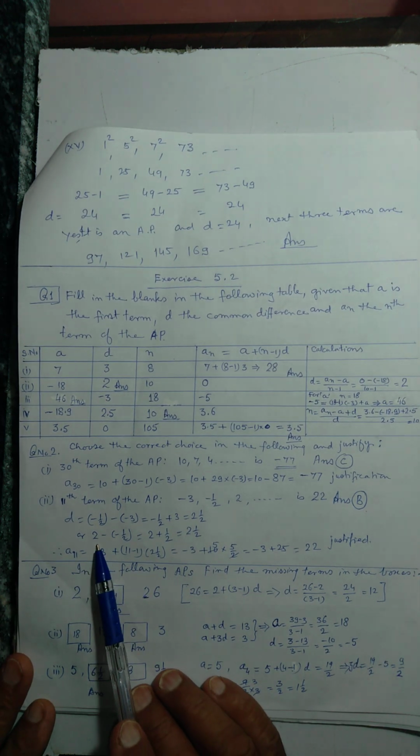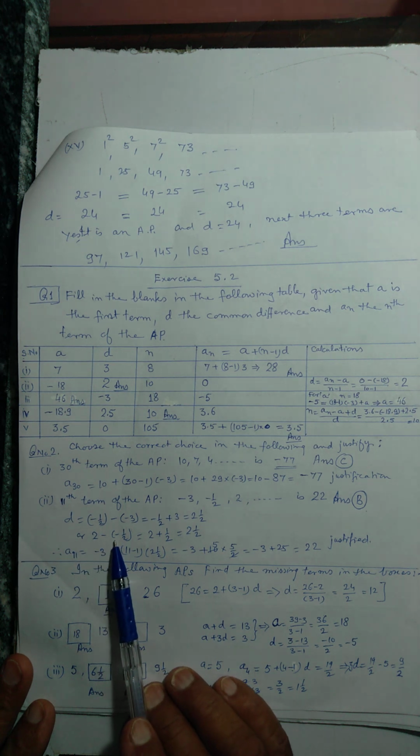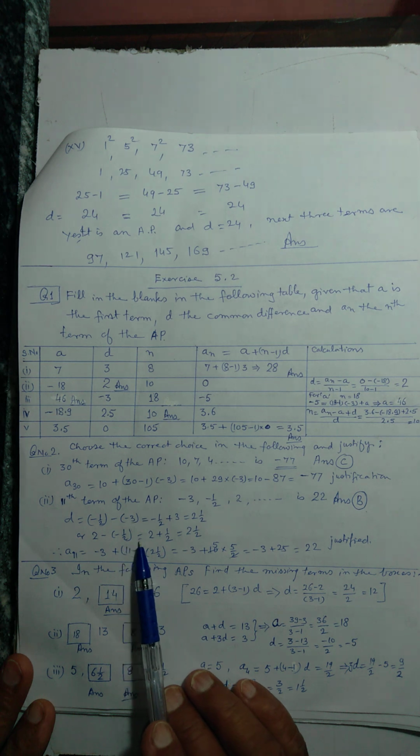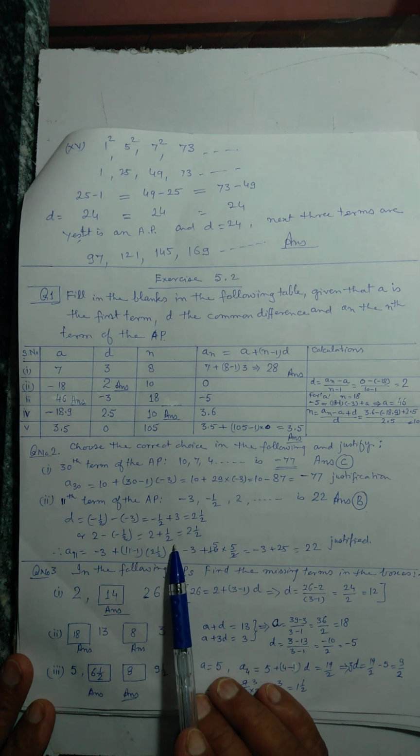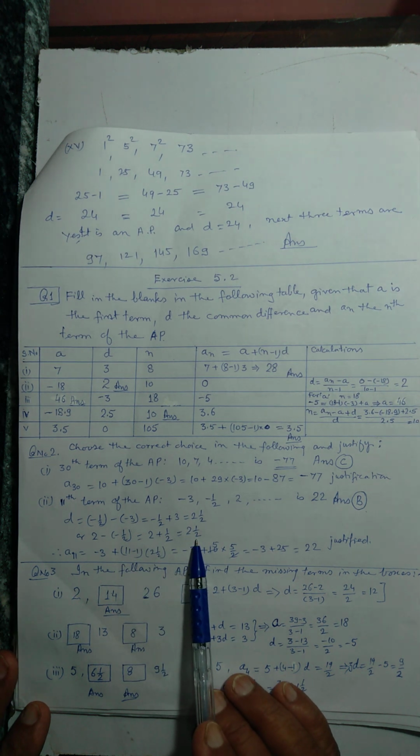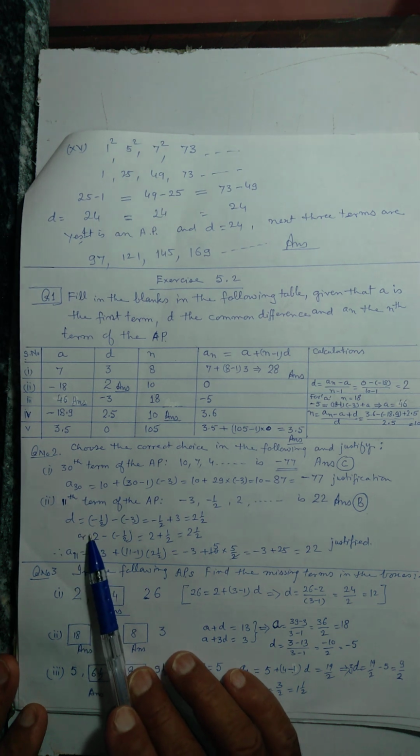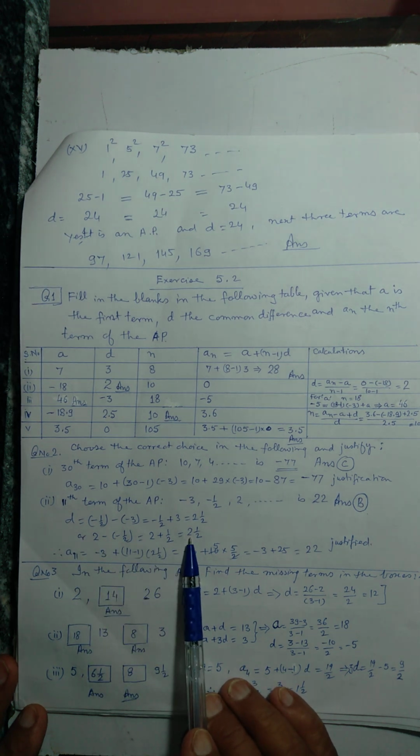Or you solve it, you will get 2 minus 1 by 2, that is equal to 2 plus 1 by 2, again 2 and 1 by 2. In both the cases we are getting common difference 2.5.